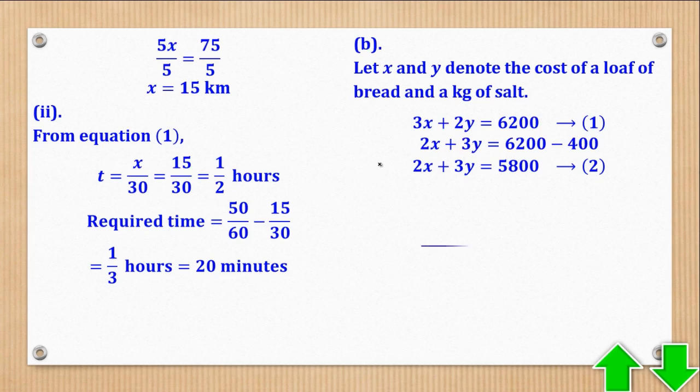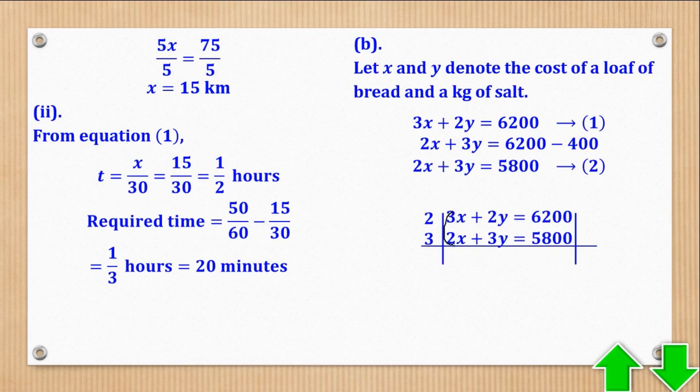Then I have to solve. To solve, my aim is to make sure that these ones are the same. That's the first step. So what I will do, these 2 will come here so that it multiplies through to give you 6, and this 3 will come here so that it multiplies through to give you 6 here, which can be eliminated.